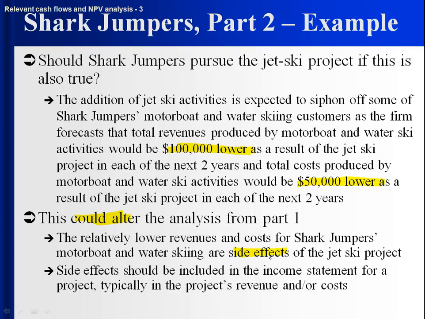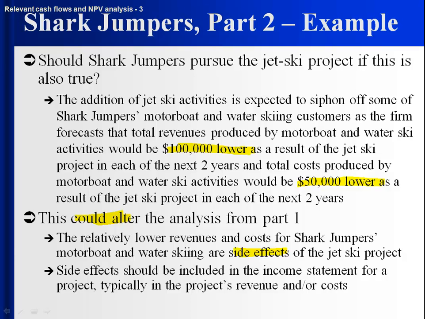These are side effects. Remember, we want to look at with minus without, the whole firm with minus the whole firm without. So the jet skiing's doing well and generating revenues, and it has costs associated with it. But for the whole firm, there's a negative effect on costs and revenues because there's going to be less of the traditional motorboating and water skiing activities than there would be if they didn't do the project.